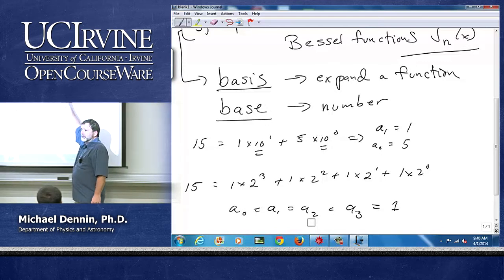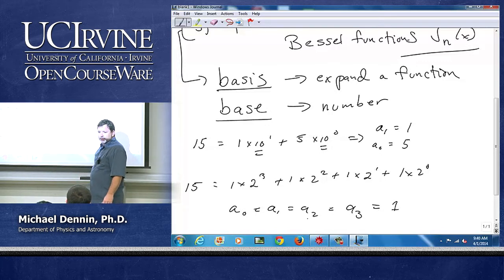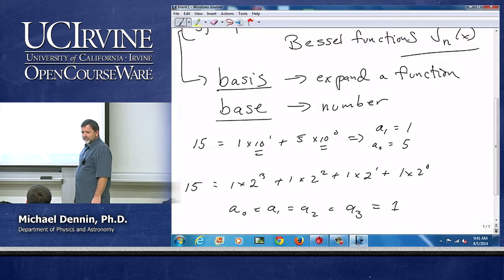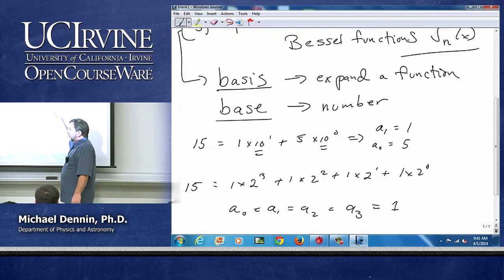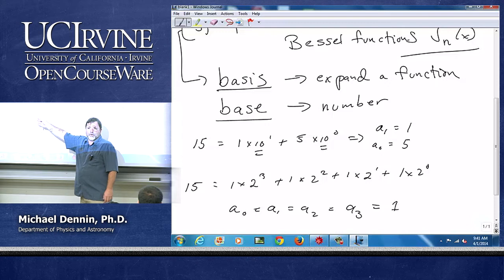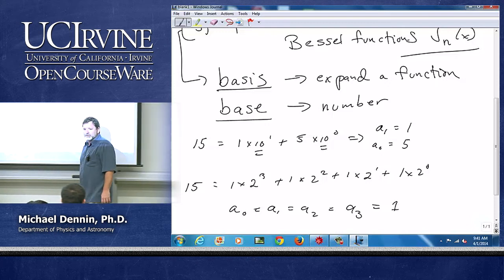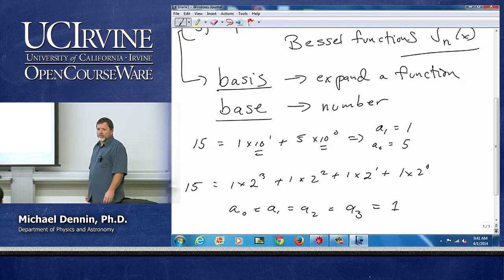different expansion. How about we use 1 times 2 to the power of 4 and minus 1 times 2 to the 0? You could do that. That would be a different way of writing it. But the tradition, right, when doing base, is to always use the powers less than what you have and just do addition and no negative coefficients.